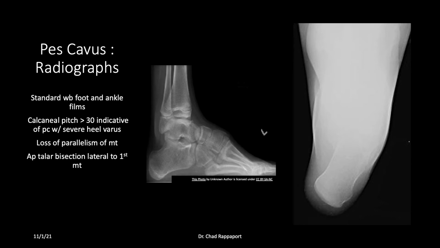On the lateral, you will see loss of parallelism of the metatarsals, and on the AP view, you will notice that the talar bisection is lateral to the first metatarsal, whereas conversely, in working up a patient who perhaps has a progressive collapsing foot deformity, you will see that bisection fall medial to the first metatarsal.